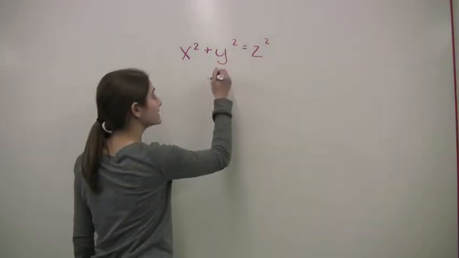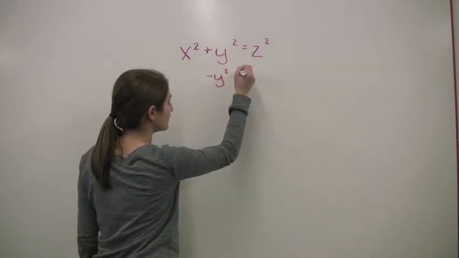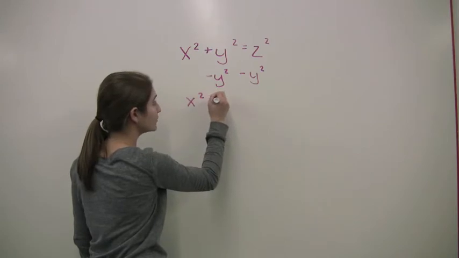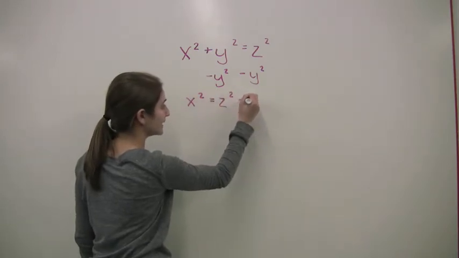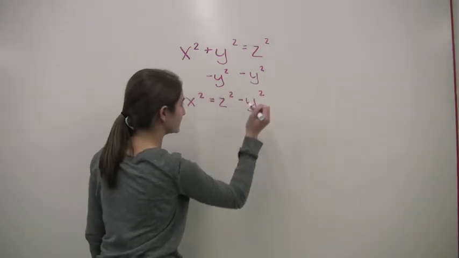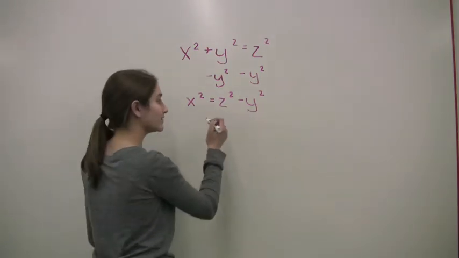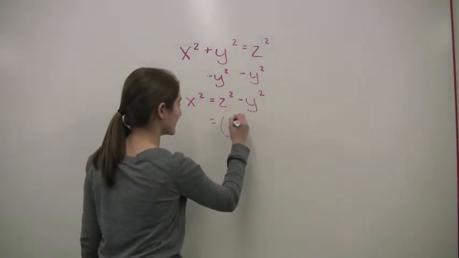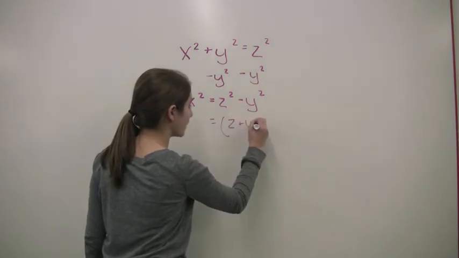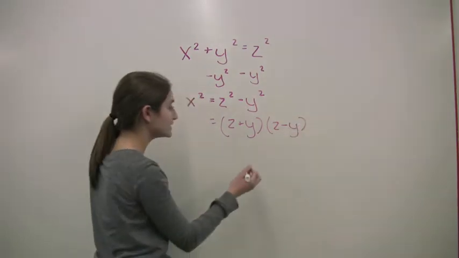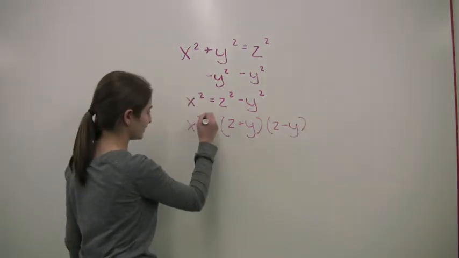We begin by subtracting y squared from both sides, leaving us with x squared equal to z squared minus y squared. The next step is to simplify the right side of the equation to z plus y times z minus y. This is still equal to x squared, however.